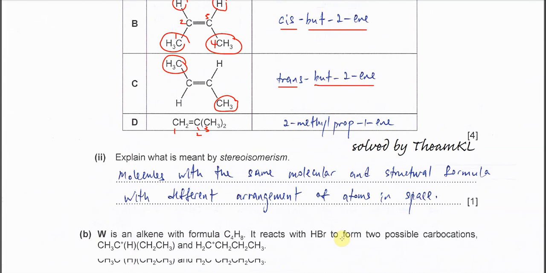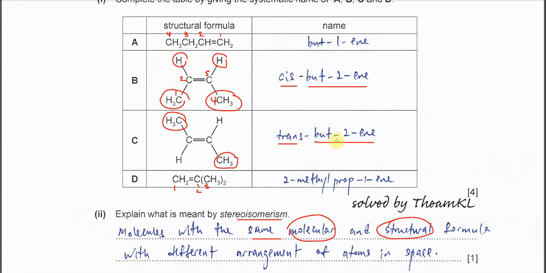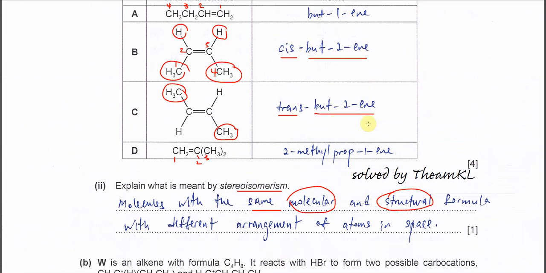Explain what is meant by stereoisomerism. To explain or define this, you must mention what is the same. So the molecules have the same molecular and structural formula, just like the cis and the trans but-2-ene, they have exactly the same molecular and structural formula, but the difference is how they arrange the groups.